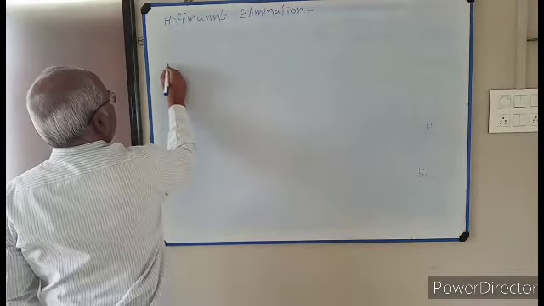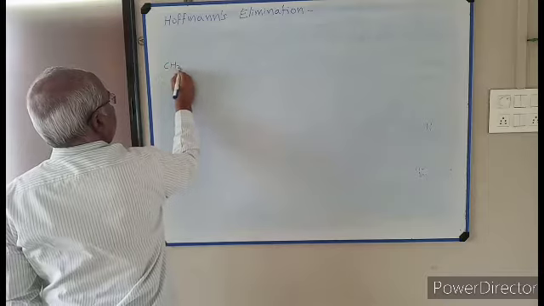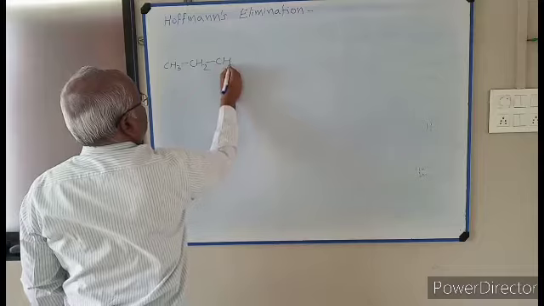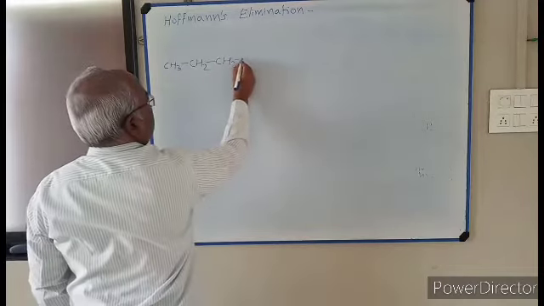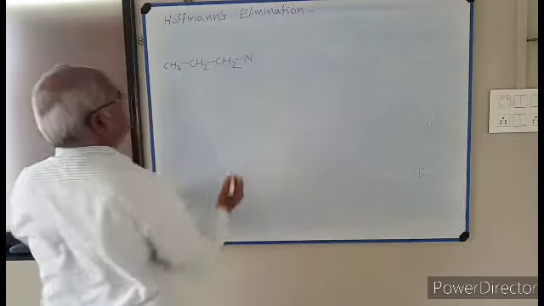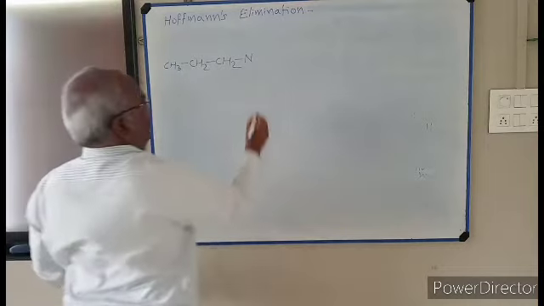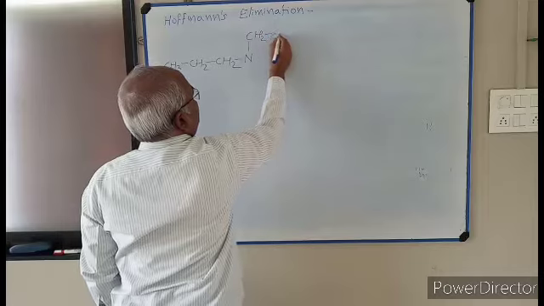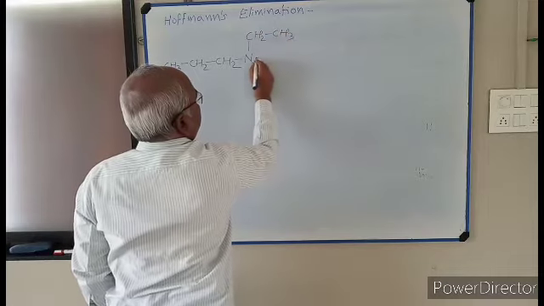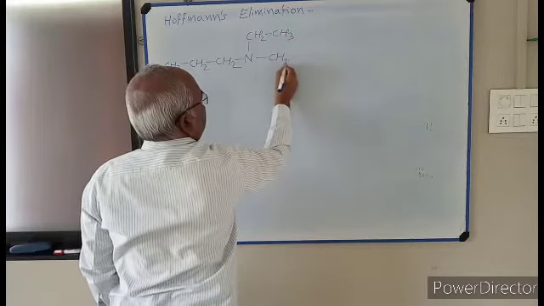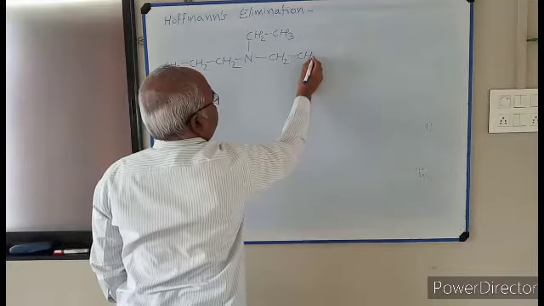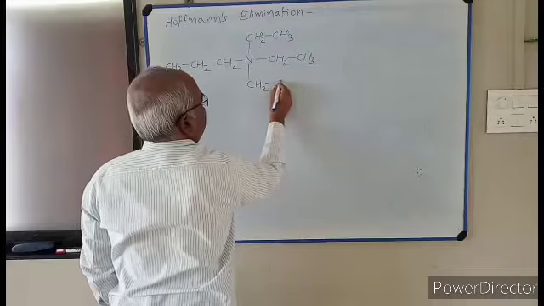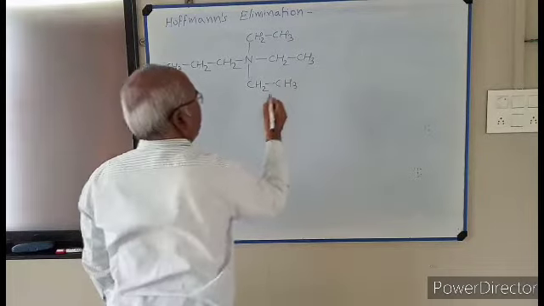So look here, CH3 single bond CH2 single bond CH2. This is N propyl group, and here ethyl group CH2 CH3. Here is ethyl group CH2 CH3. Here also ethyl group CH2 CH3.